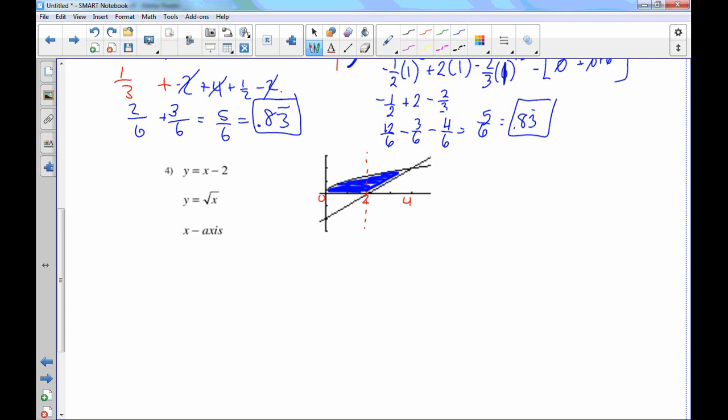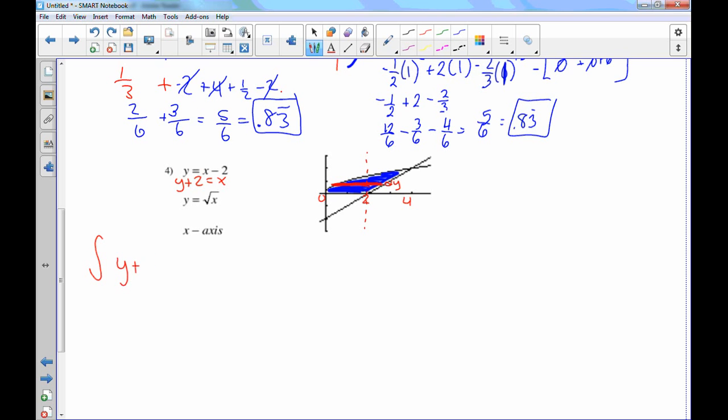Or we could do it and switch everything so our horizontal rectangle is dy. Even if we did it horizontally with respect to y, what's our new top? Top minus bottom, how do we set up the integral? Yep, it's this one, but we're going to have to rearrange it so it's y plus 2.